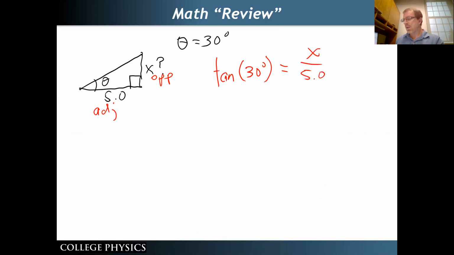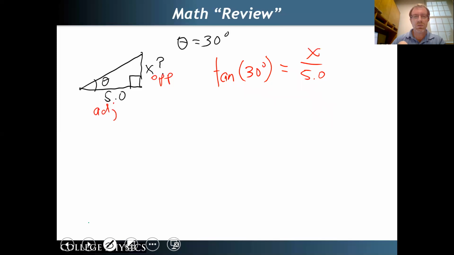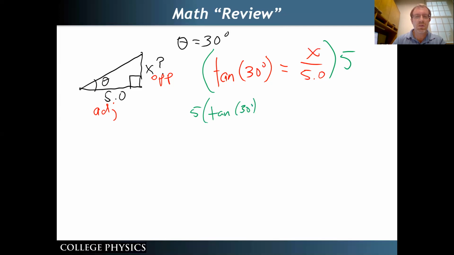All right, so I want to isolate x. How do I do that? I multiply both sides by 5 because 5 is in the denominator. So I will have 5 times the tangent of 30 degrees is equal to x. If I put tangent of 30 degrees into a calculator and hit enter, it returns about 0.577.